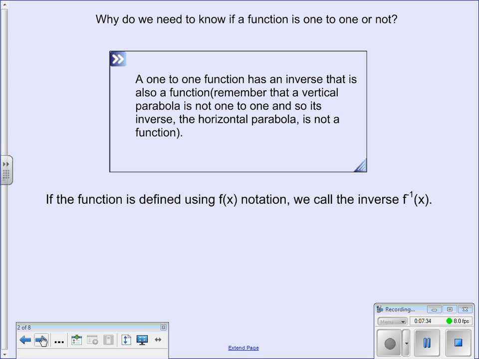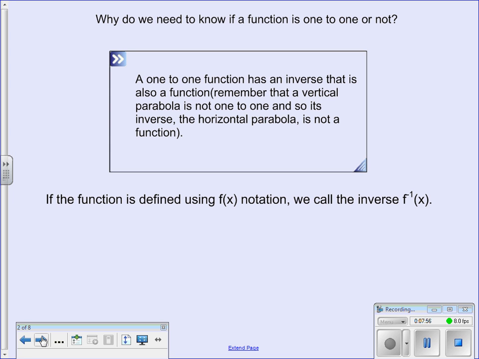It is extremely important. It's very, very important to understand whether or not something has an inverse, because you can do things with inverse functions you cannot do with non-inverse functions.